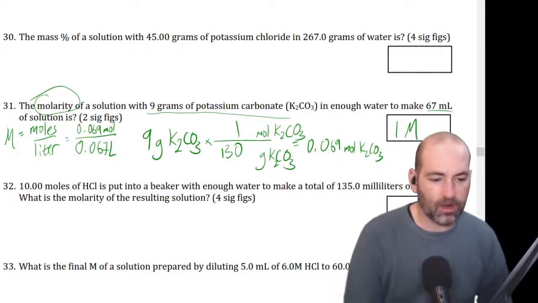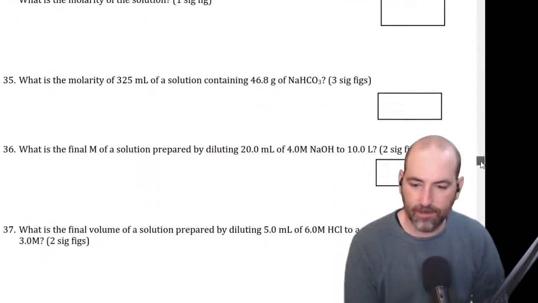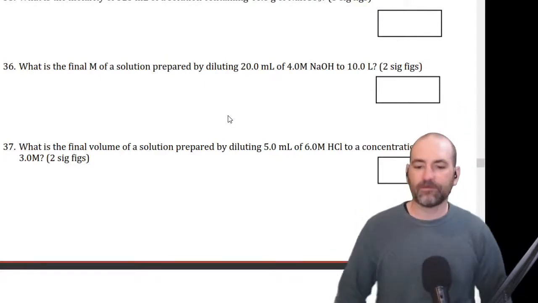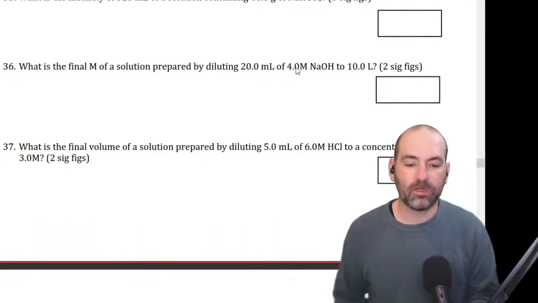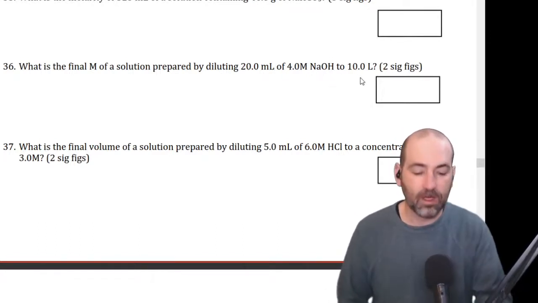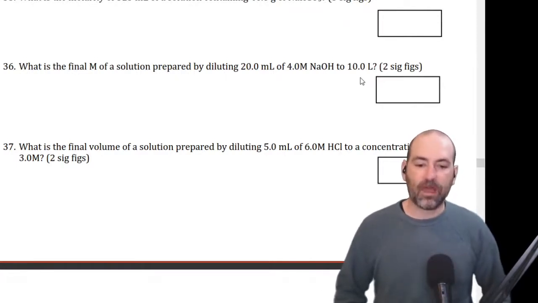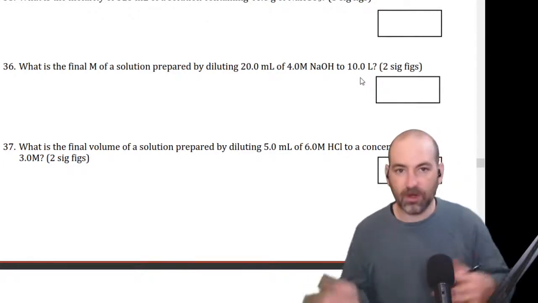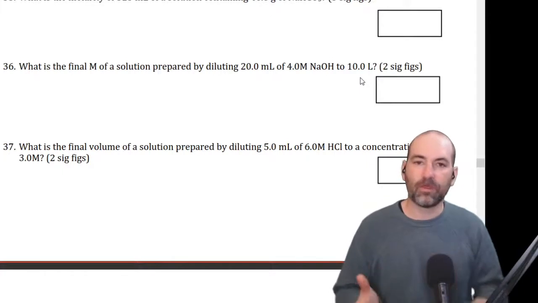All right, while we're here, let's look at number 36 also, since that's a request here. So here we've got a dilution. What is the final molarity of a solution prepared by diluting 20 milliliters of a 4 molar solution to 10 liters? So remember with dilution calculations, as long as you've got the same units on both sides of the dilution before and after, it doesn't really matter what the compound is or what the units are.